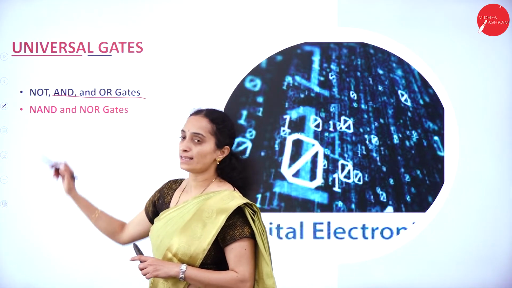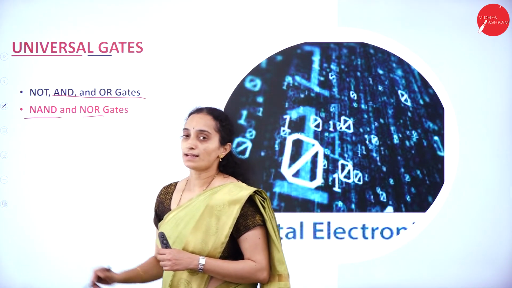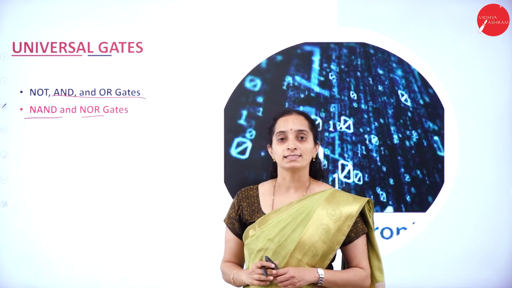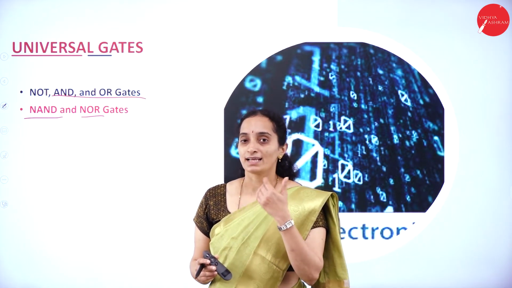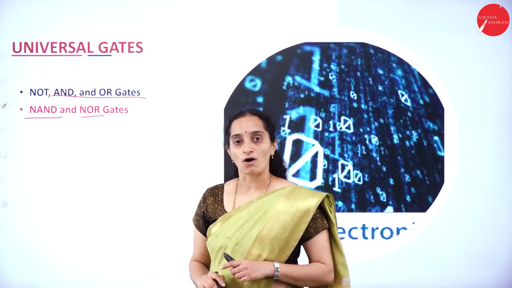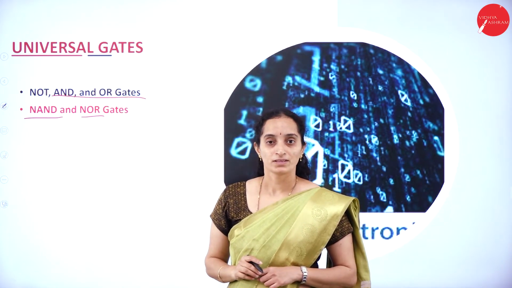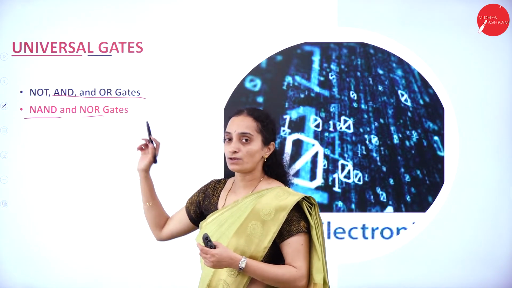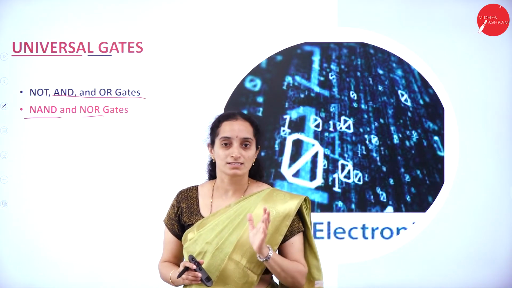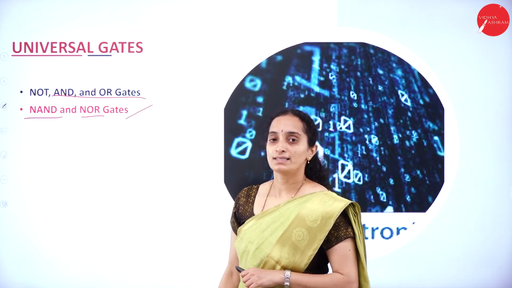The combination of the basic gates gives rise to the NAND and the NOR gates. These NAND and NOR gates can be used to create any other gate. That means you can create a NOT, an AND gate, even an OR gate. You can create basic gates with the universal gates. That is why, since they are applicable universally to every circuit, they are called the universal gates.